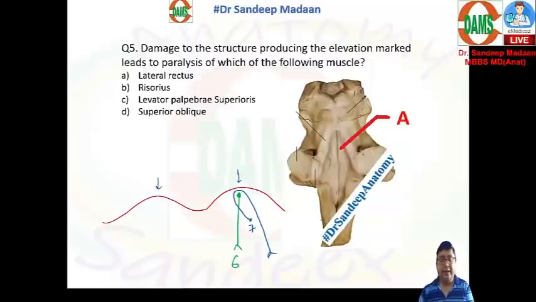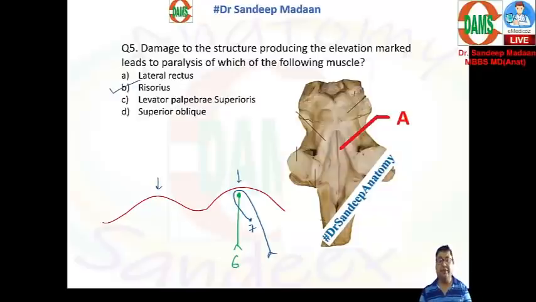Okay, now look at the language of the question. Here the language is important. If the question is damage to the structure producing the elevation, who is producing the elevation? It is the seventh nerve fibers which are winding around the sixth nerve nucleus. They are producing the elevation. So damage to the structure producing the elevation marked, it is talking about the seventh nerve, so the answer will be B, the orbicularis oculi.